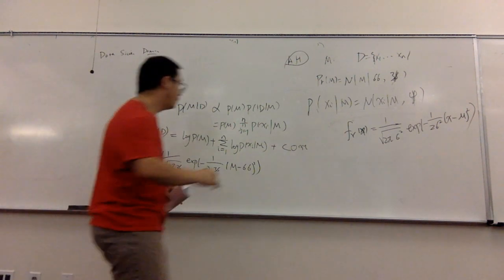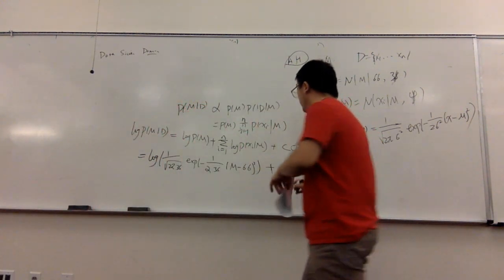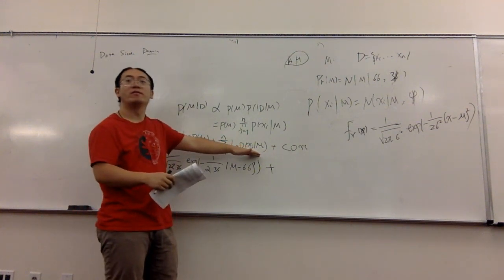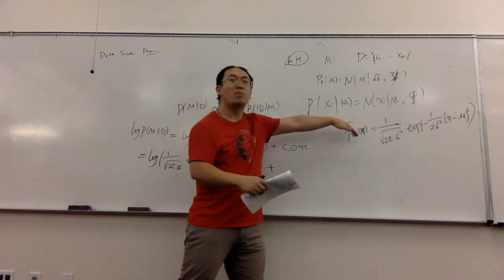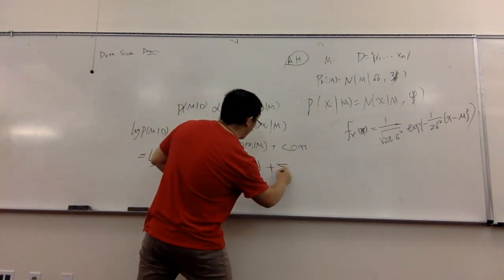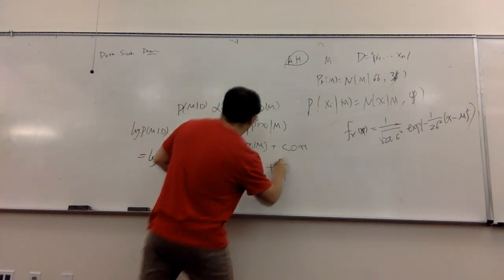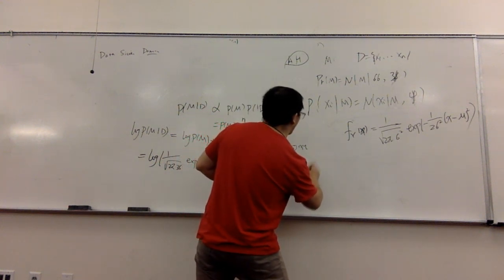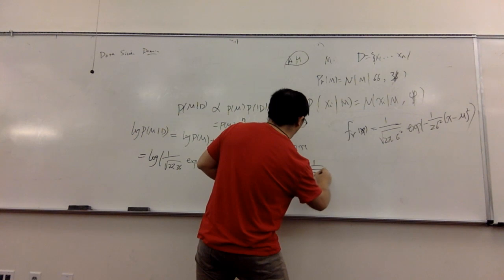And similarly, this is a summation of the set of log normals. You can just simply replace it with the density of the normal distribution. It's pretty mechanical. So it's the logarithm of 1 over 2 pi.